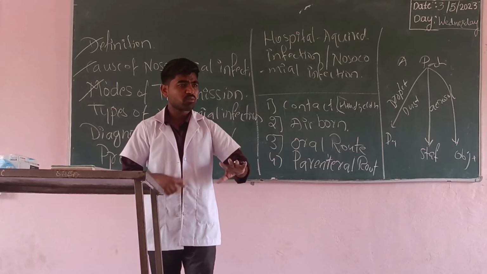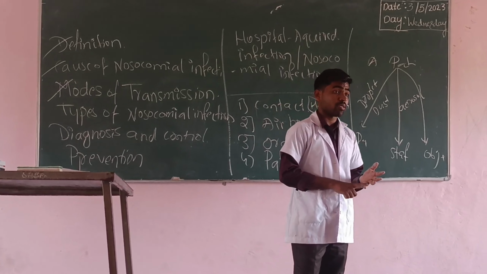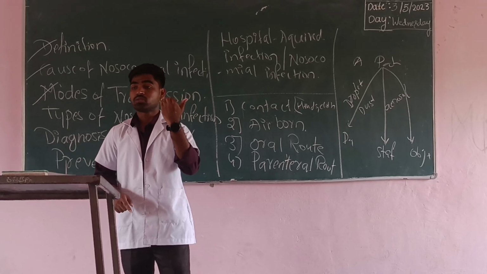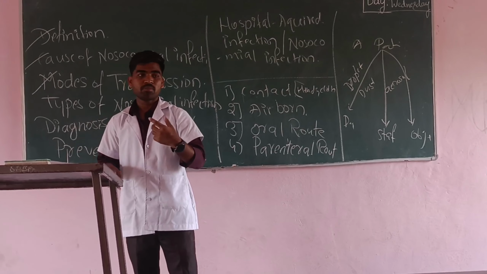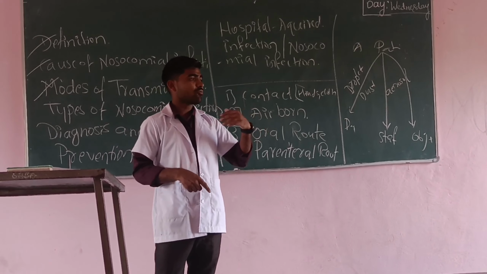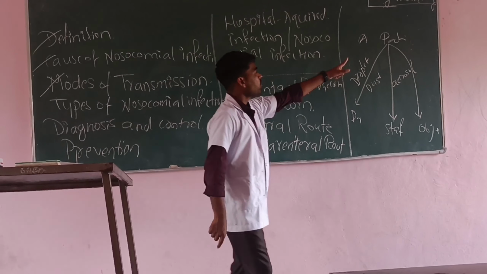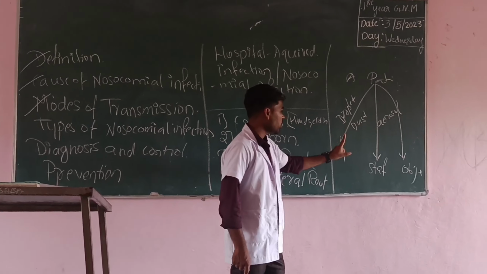So the floor is the most contaminated. When dusting is not done, that dust enters the nose: the same dust on the floor, on the bed, on the patient's cloth enters the nose and causes infection. So here the patient gets infection by the dust.